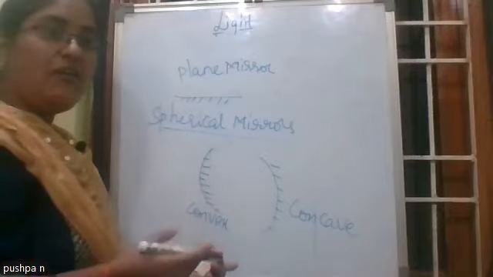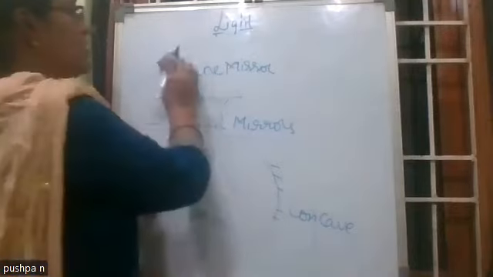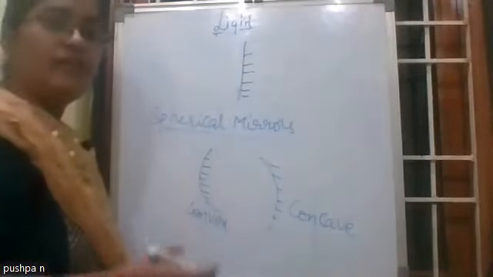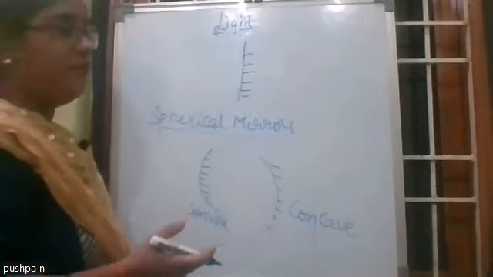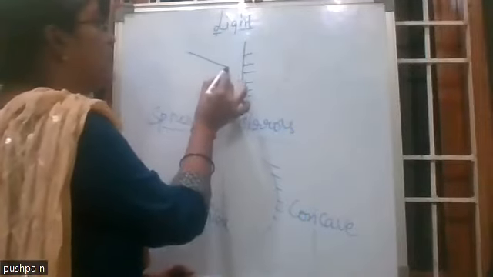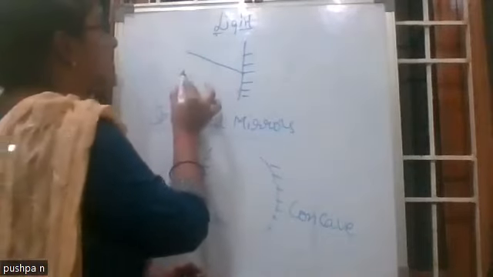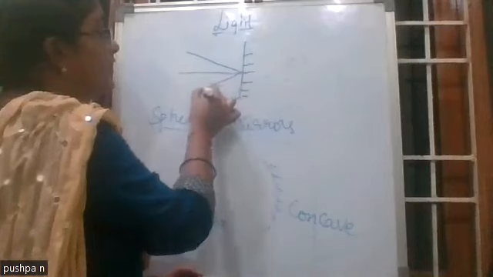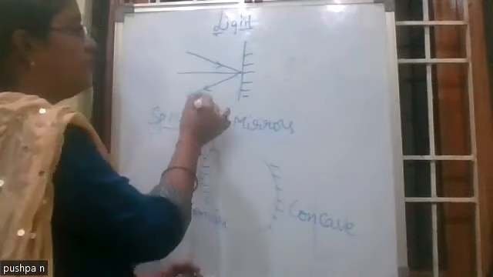Here, we observe our image. How will we observe it? Let's suppose we take a plane mirror, the regular mirror which we see in our day-to-day life, like in our home. Let's suppose a light is incident on it. This is the normal. It will be reflected. Incident ray, normal.